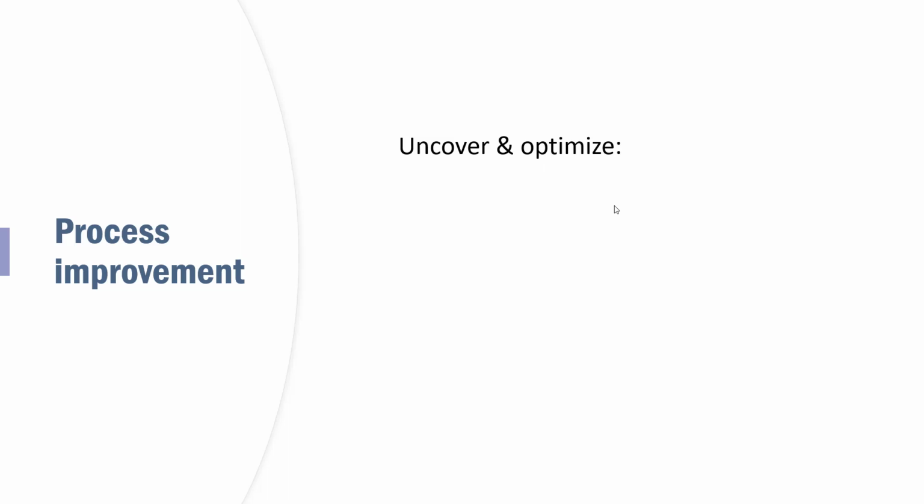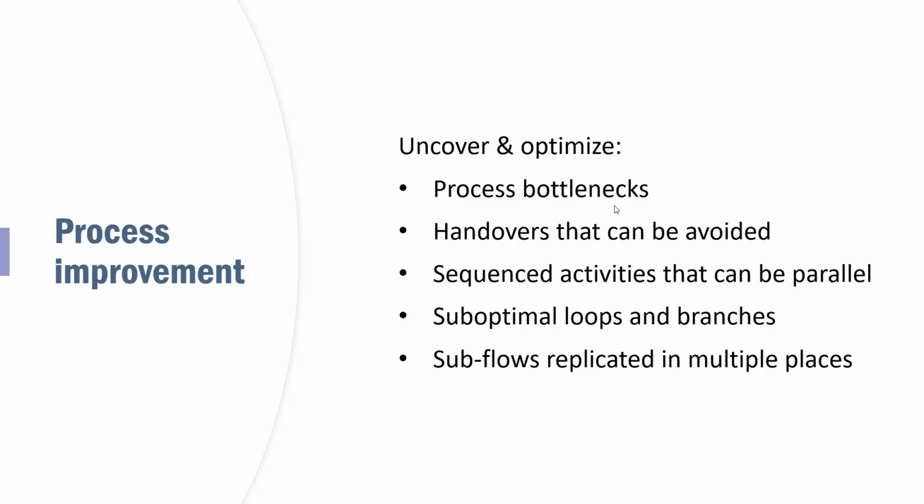As you learn more about processes, as you analyze them, you want to uncover bottlenecks and issues. What slows things down? You want to look for handovers that can be avoided. Maybe too many times the activities go from one department to another with slowdown. Are there some sequenced activities that can be parallel?